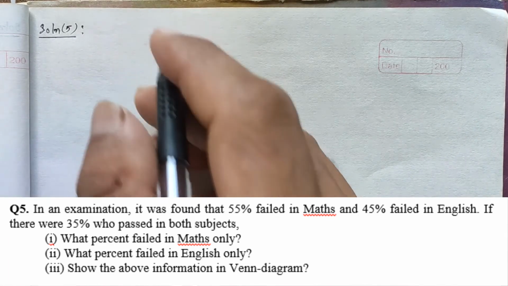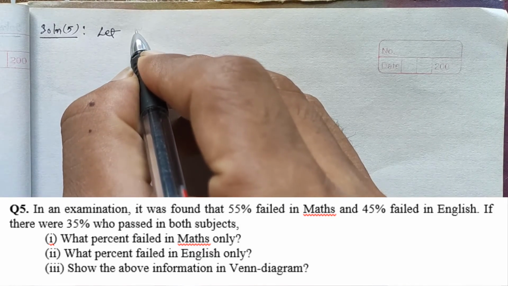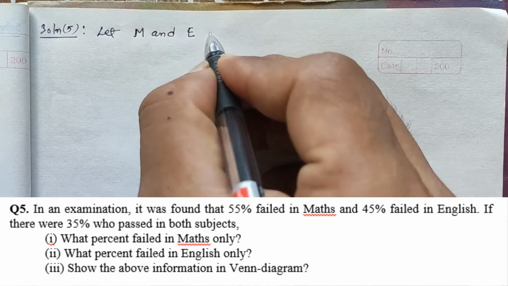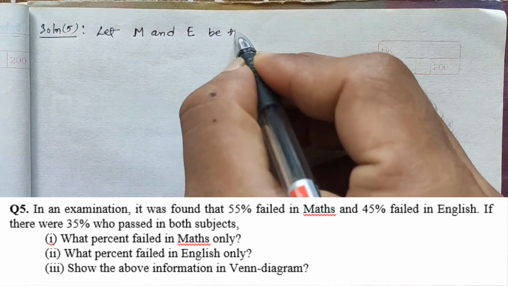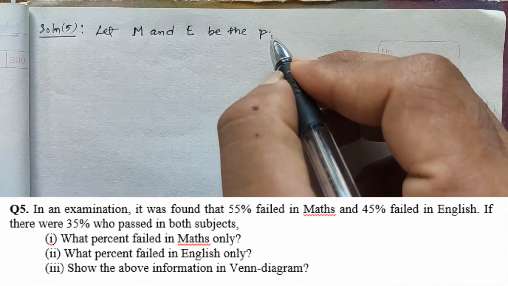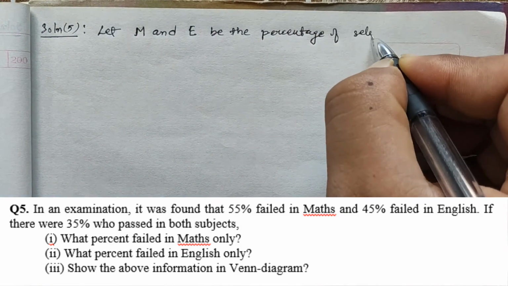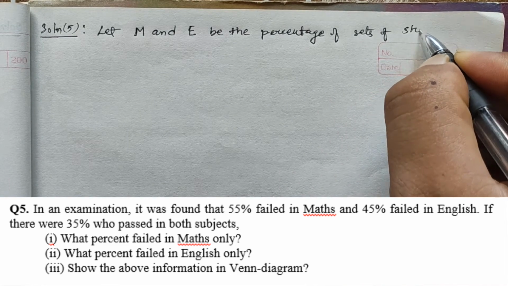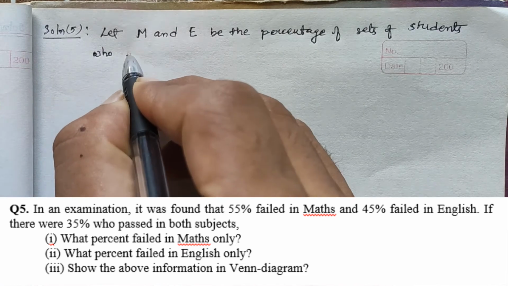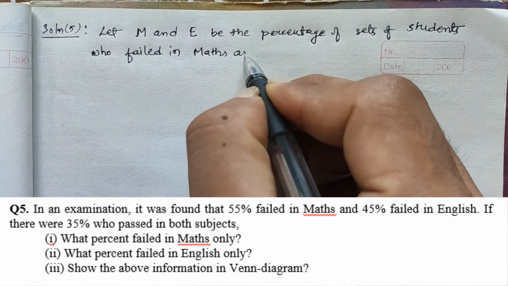Before solving the question, let M and E be the percentage of sets of students who failed in maths and English.